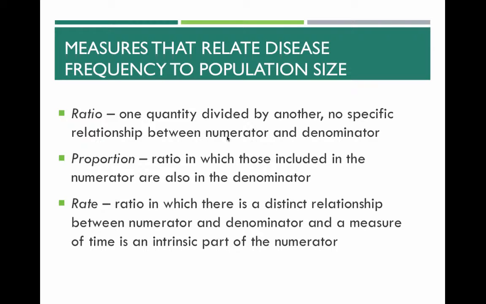There's no relationship between the numerator and denominator. A proportion is a ratio, but those in the numerator are also in the denominator. A rate is a type of ratio, but there's a distinct relationship between the numerator and denominator, and there's a measure of time, and that time is very important, which we'll get to later.